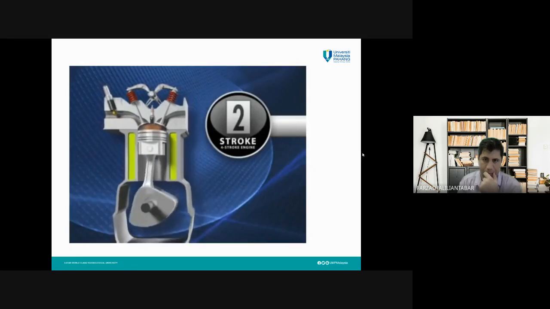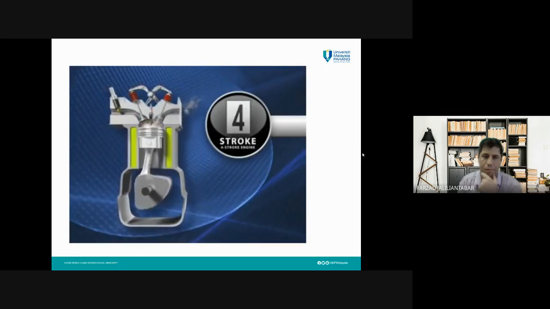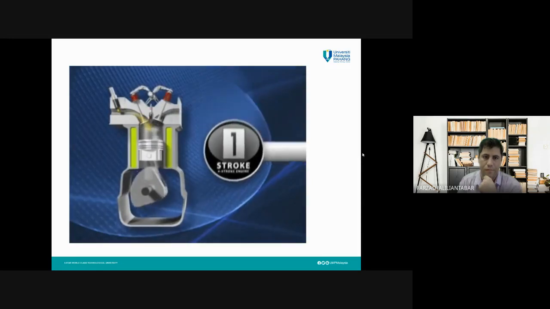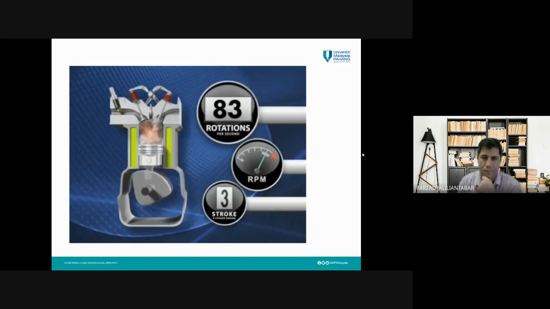It takes 1 up and down motion, or 2 strokes of the piston, to create 1 revolution of the crankshaft. RPMs, or revolutions per minute, is how many times the crankshaft rotates within that minute. At wide open throttle, the crankshaft may turn at 5,000 RPMs, or a dizzying 83 times per second.